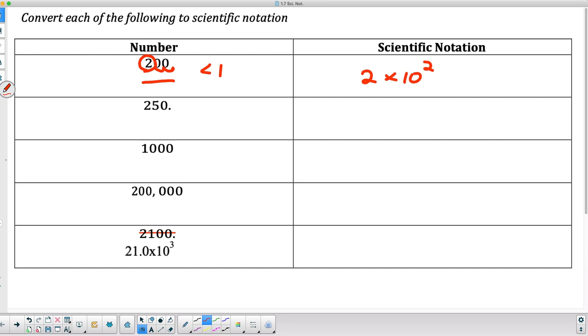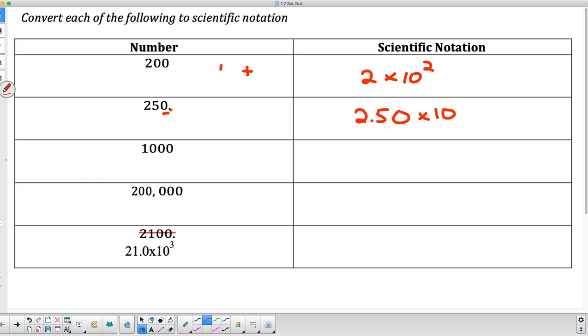Because my number is larger than 1, it's a positive exponent, and I move two places to get the decimal point right after the number 2 in the number 200. Okay? So I do the same thing for the second one, except this time I write down my 2, my 5, and because I started with the decimal point after the 0, not like in number 1 where there was no decimal point, that means the 0 is also significant, which means you have to list the 0 because of that decimal point.